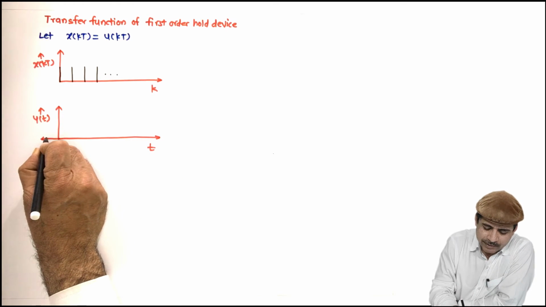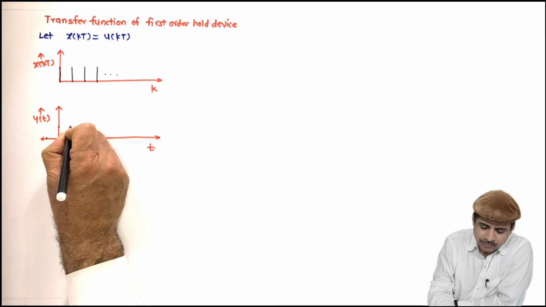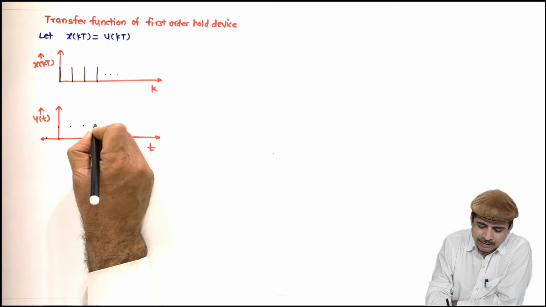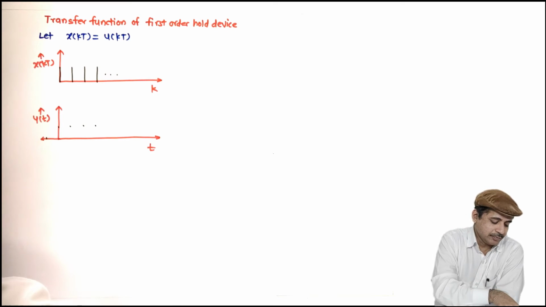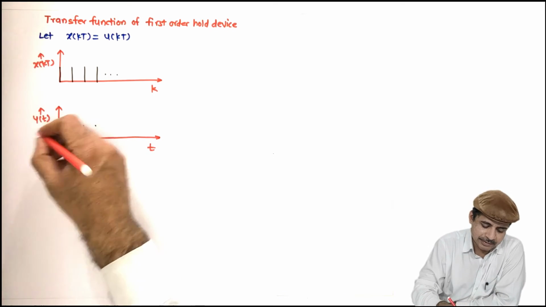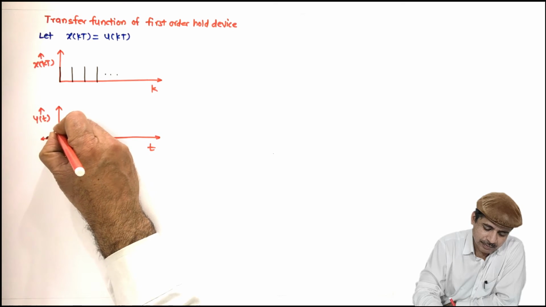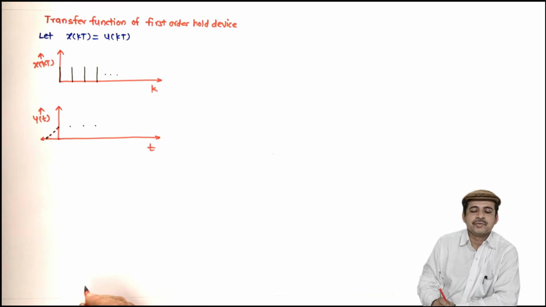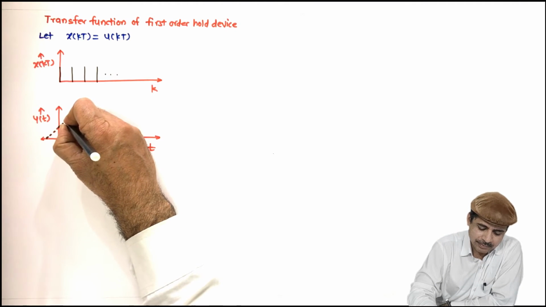So here we have a 0 signal. Then here 1. Then next 1. Next 1. And now the slope will proceed with the same process. This is the slope. We will continue with the same slope till the next sample comes.